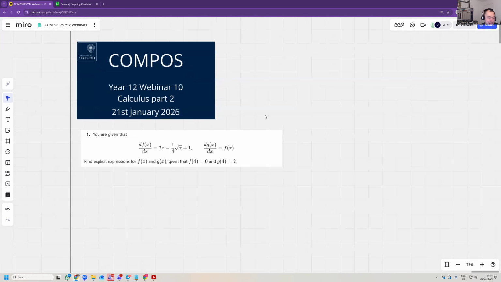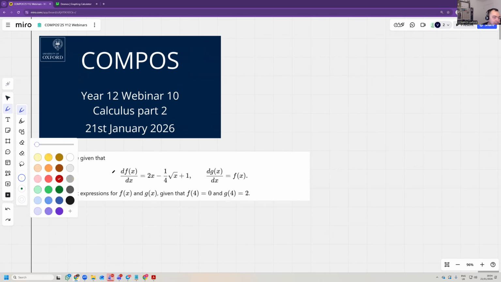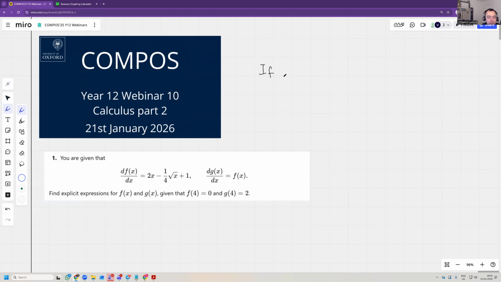Lovely. So integration. Integration is the opposite of differentiation. If you know the derivative, so f dash of x, what is f of x?